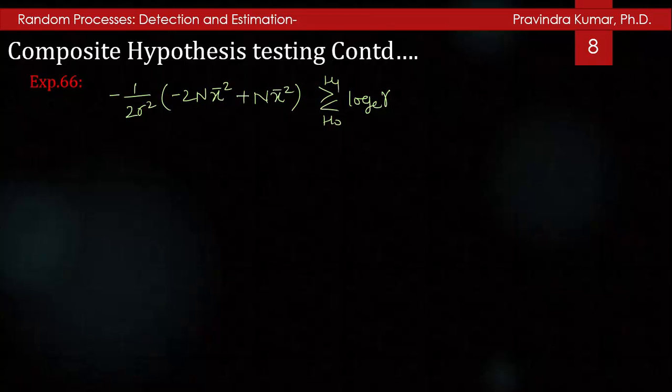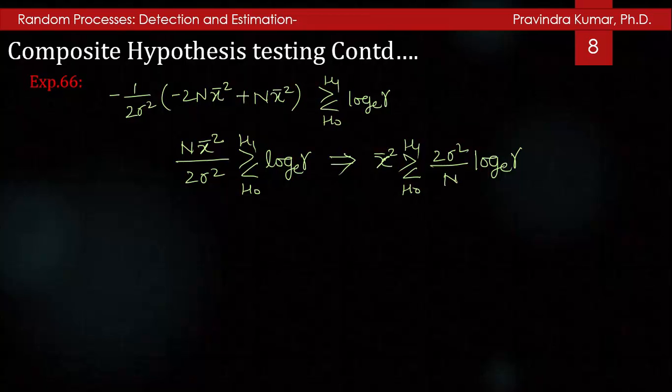From this you can also write 1 by 2 sigma square [minus 2n x bar square plus n x bar square] greater than or less than log e gamma. You can also write the expression as n x bar square over minus 2 sigma square greater than or less than log e gamma. And also you can write x bar square greater than or less than 2 sigma square by n log e gamma.